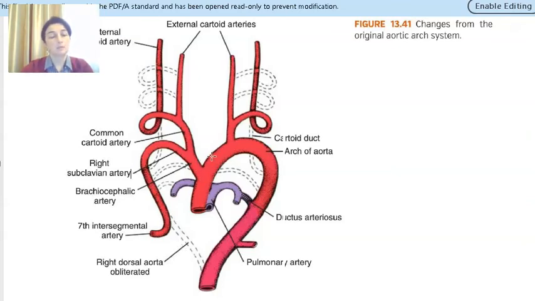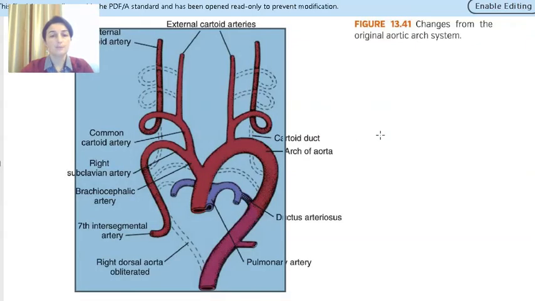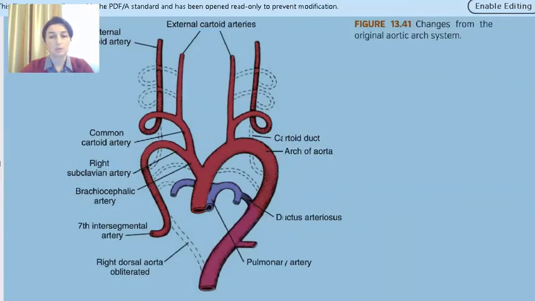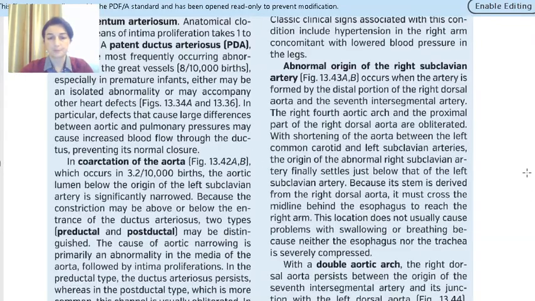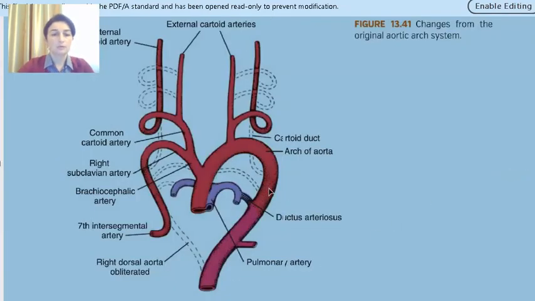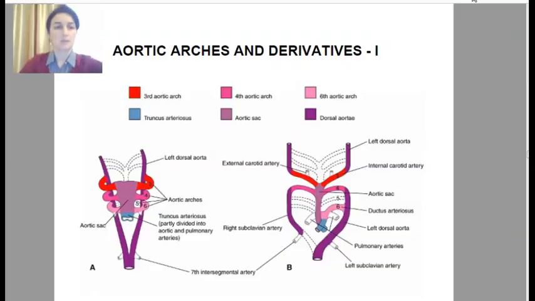And in the left side, the distal part of the dorsal aorta will persist, and it will form the aorta, the dorsal aorta, which will carry blood to the organs of the abdominal cavity and lower extremities. And here we also can see how the aortic arch and derivatives develop.